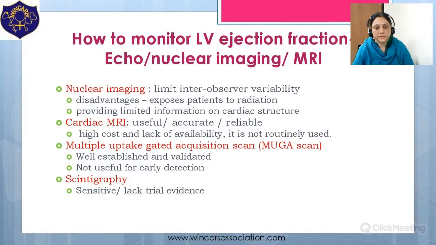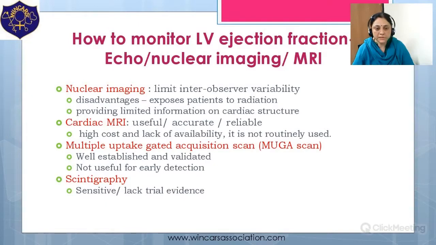In the past, the use of RNA, that is the multiple gated acquisition scan, the MUGA scan, has been well established and validated for detection of LV ejection fraction in patients undergoing chemotherapy. The MUGA scan has shown a fall in the ejection fraction before the onset of clinical heart failure.